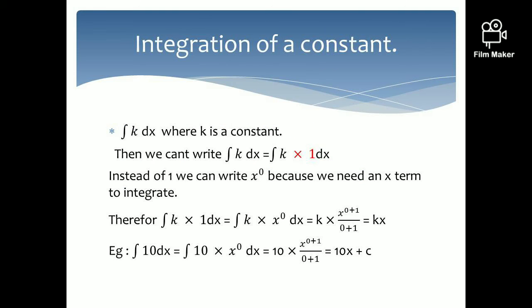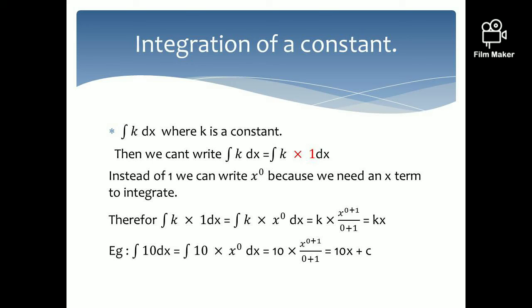The next concept is how to integrate a constant. As mentioned in the problem, we have to integrate k dx where k is a constant. For example, integration of 10 dx. If you had a constant to be integrated, you can write that k as k into 1. We know that any variable to the power 0 or any term to the power 0 is 1. Therefore, instead of this 1, you can write x to the power 0.